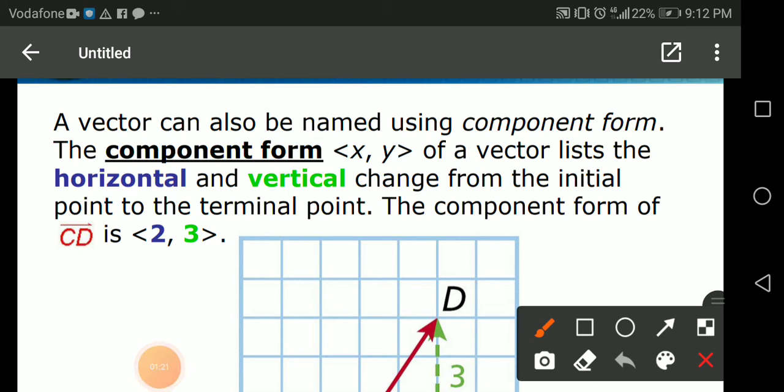What is the component form? We have here the x and y, the horizontal and the vertical change from the initial point to the terminal point.